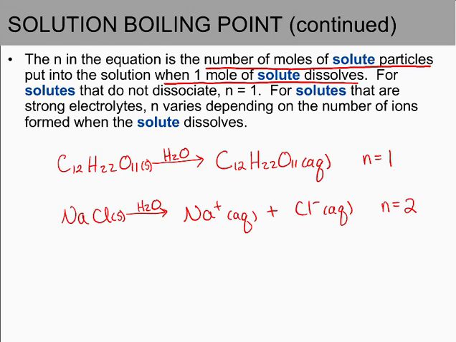So this value of N, we did say previously in the gas equations that it was equal to the number of moles. And here it kind of is too. We're kind of adding up the number of moles of product. But again, N is the number of moles of solute particles that are in the solution after they dissolve.